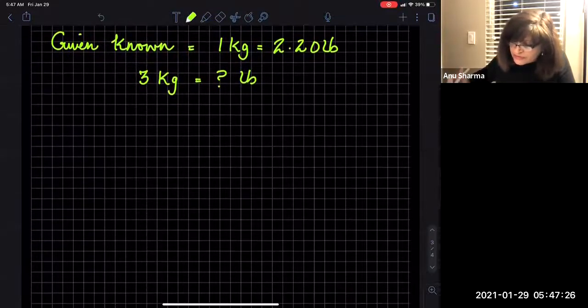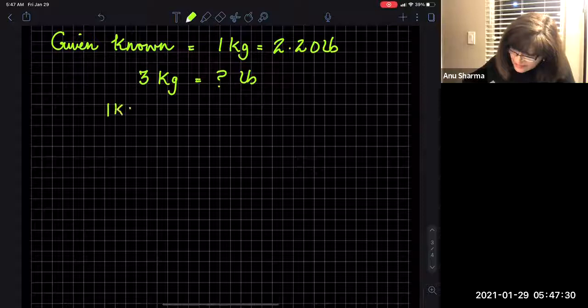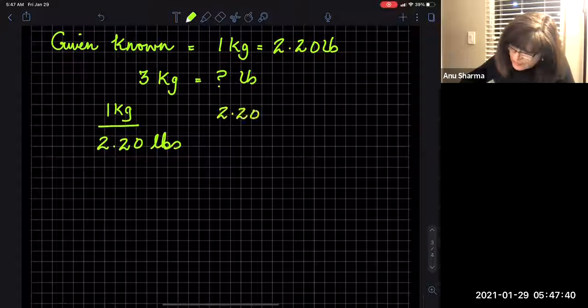So how are you going to set this up? First of all, for the equality, 1 kilogram over 2.20 pounds, or 2.20 pounds over 1 kilogram. You don't have to do it all the time; this comes with practice.